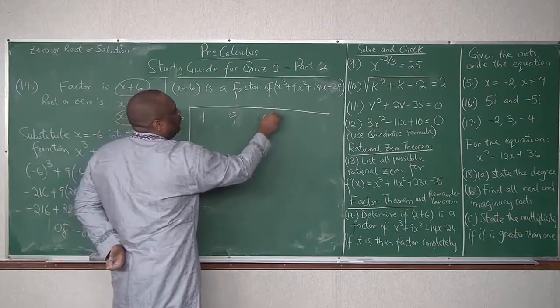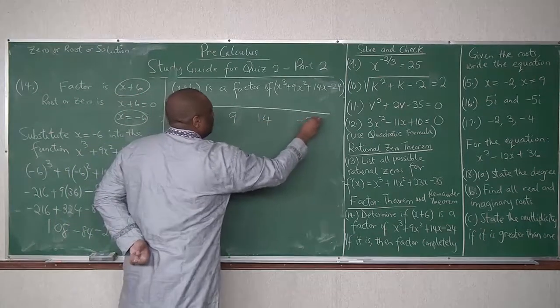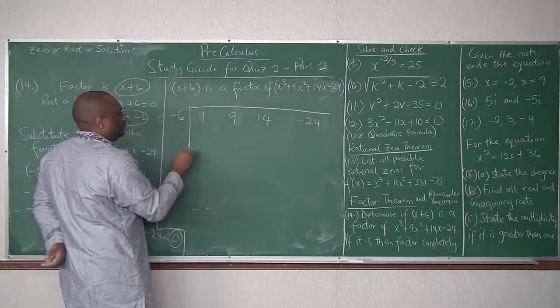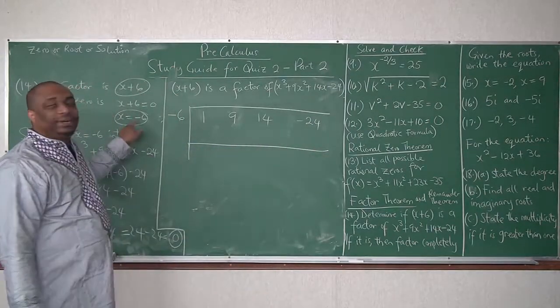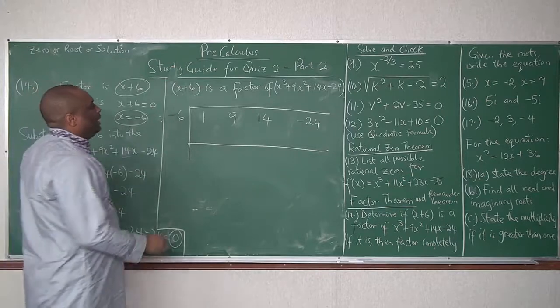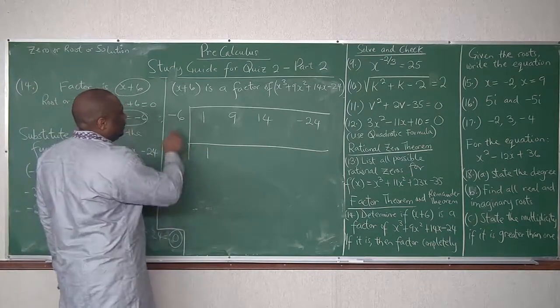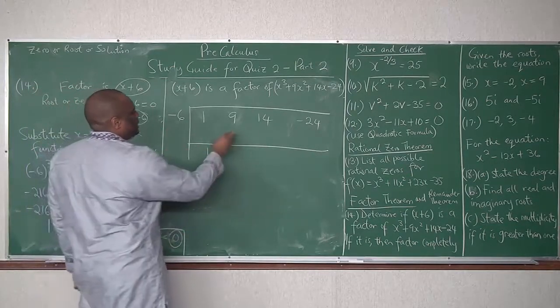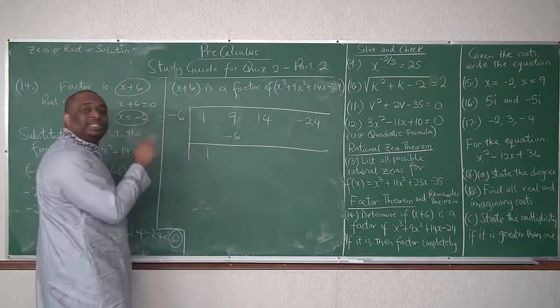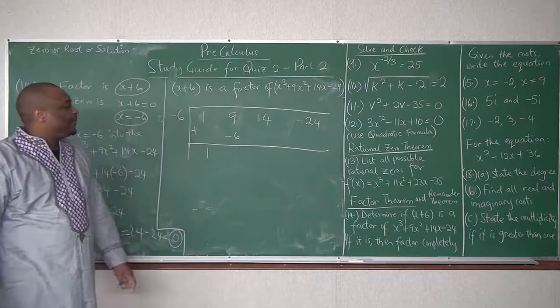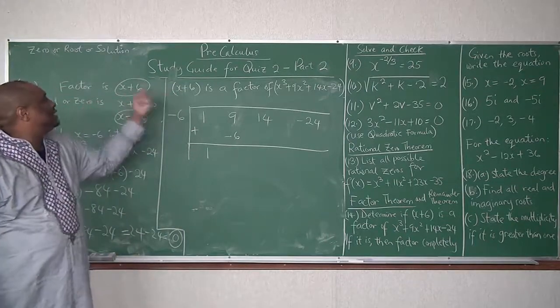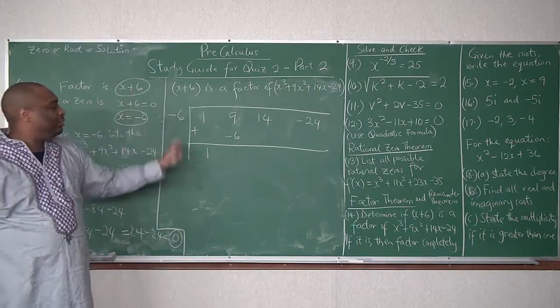1, 9, 14, negative 24. If you're using the 0, now you bring down 1, the negative 6 times 1 is negative 6. In this case, if you're using the 0, you have to add. But if you're using the constant term of the factor, then you have to subtract.